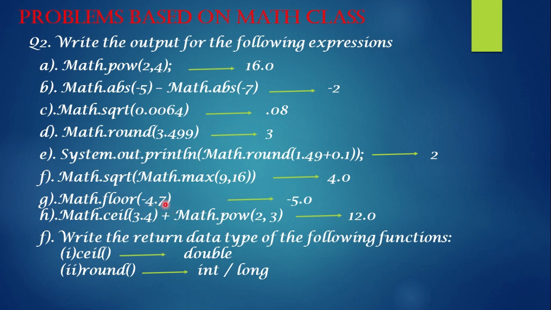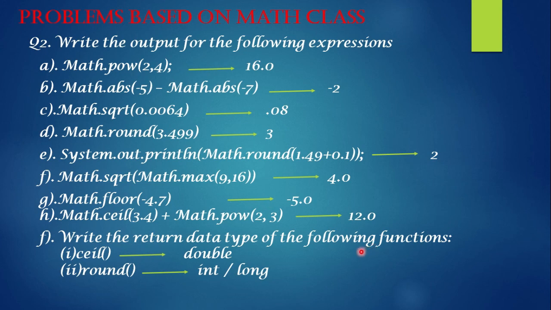So you definitely know now, this is a very important question, minus 5.0. Look at this question, math dot ceil 3.4. So what will be the answer? Ceiling 3.4 means 4.0 plus math dot pow 2 to the power 3, 8. So 8.0 and 4.0 will be added. So what will be the ultimate result? 12.0.